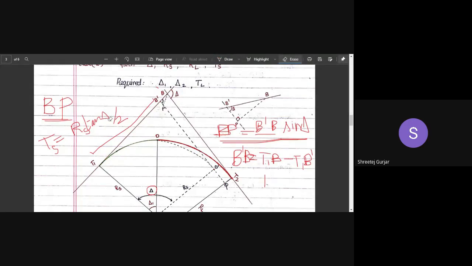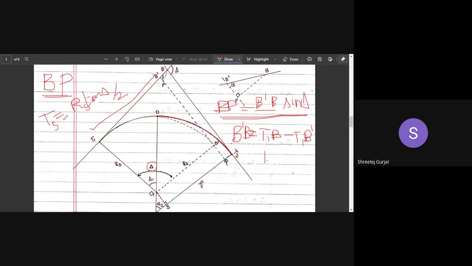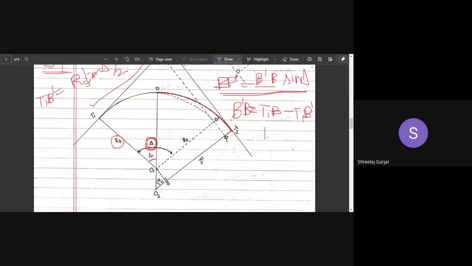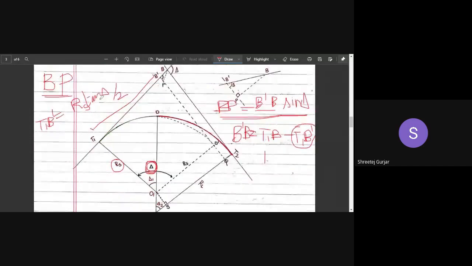Because the angle subtended, we have to calculate total. It is not for this particular tangent. It is not for capital TS. It is the length T1B dash. We have to consider this particular delta. Remember, it is tan delta by 2, but the radius is RS. Okay, that we will substitute here. We will substitute T1B dash over here, this particular RS tan delta by 2.